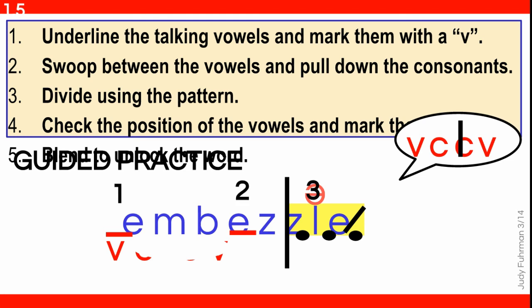And there's your third vowel, but that's the schwa sound. Then you're going to swoop between the vowels and pull down the consonants. You divide it now between the M and the B. You have your short vowel set, talking vowels, and then the accent mark on the B, so the way you pronounce it would be embezzle, embezzle.